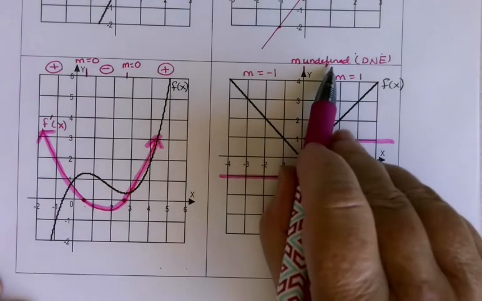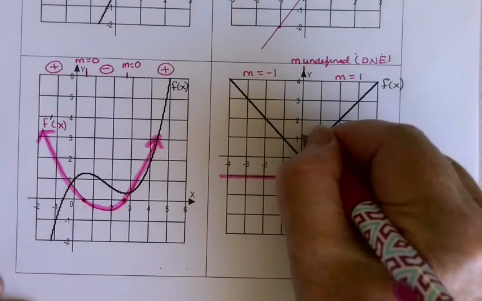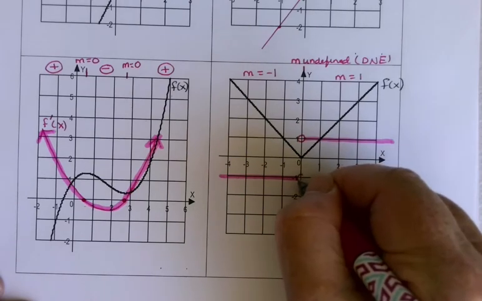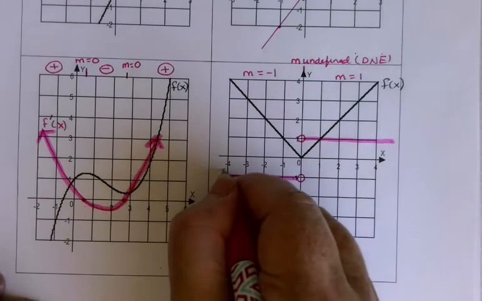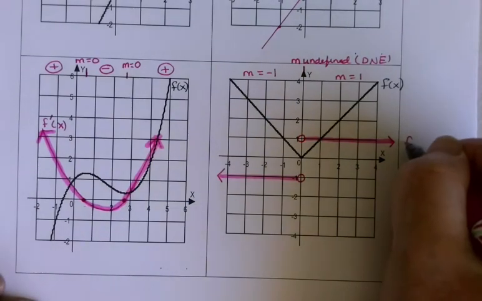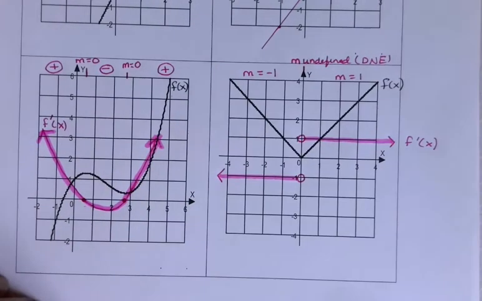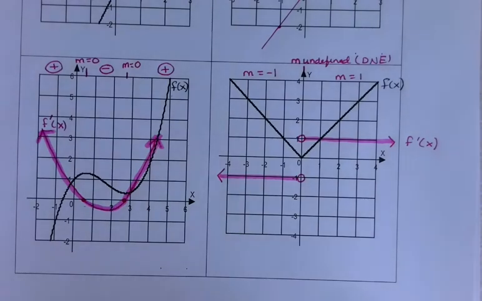Since the limit is undefined right at 0, I'm going to show open circles in my derivative graph at x equals 0 for both pieces. And there's the graph of f prime. All right, a few more on the next page.